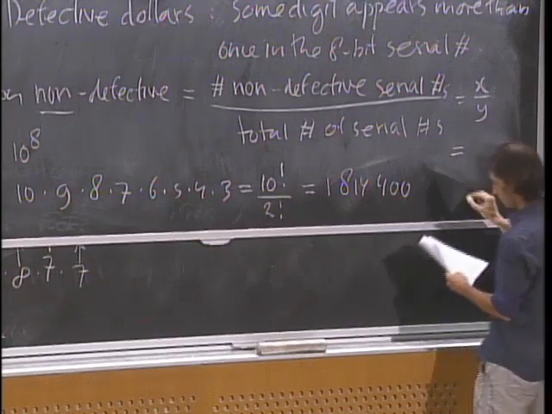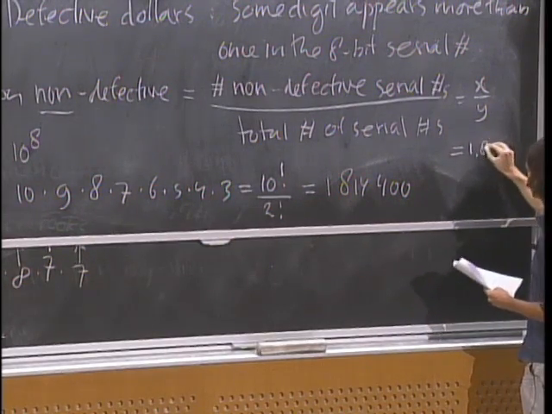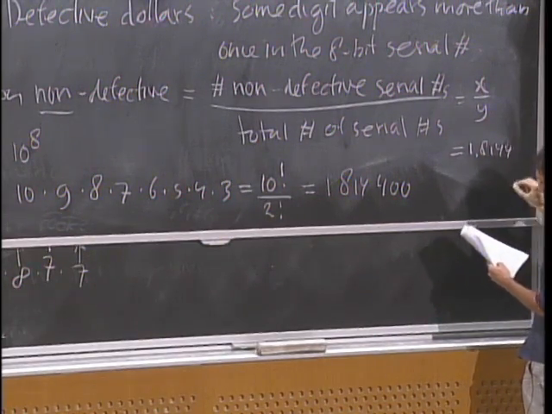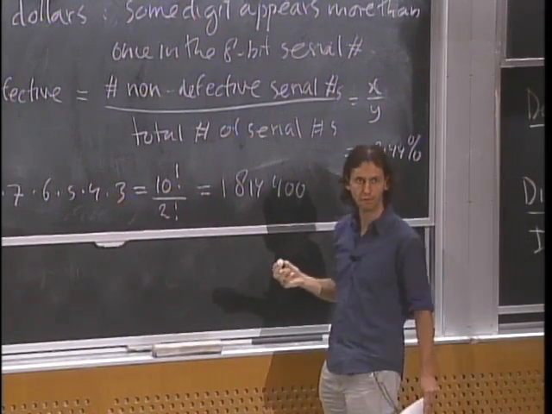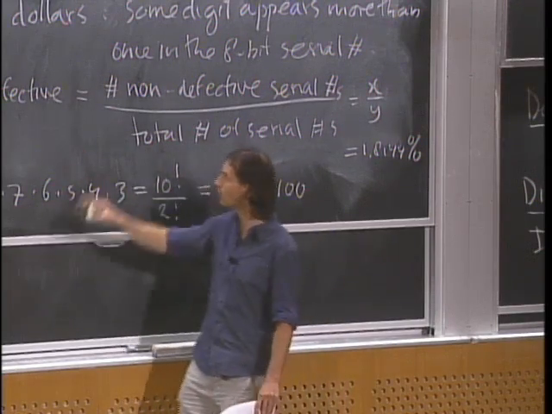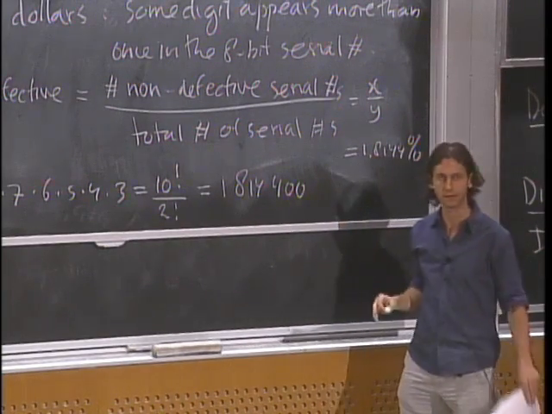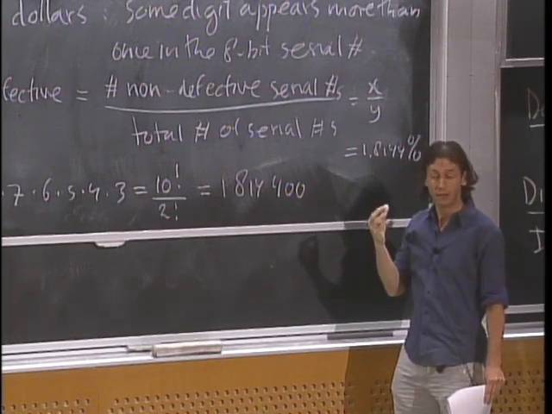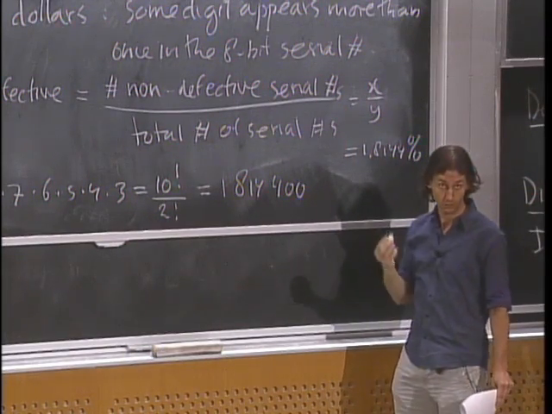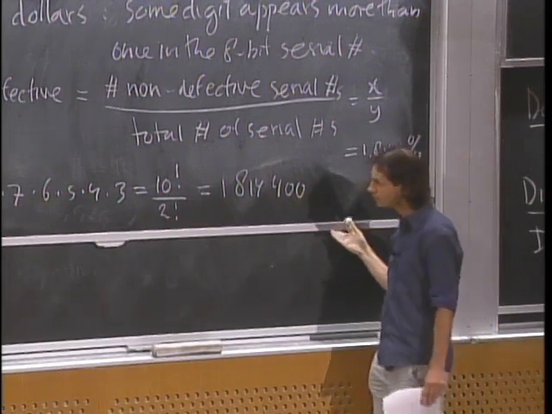This is actually equal to 1.8144%. So a very small fraction is non-defective. So almost all the dollars are defective. It simply means that they have the special property that some digit occurs more than once. So it's kind of interesting.